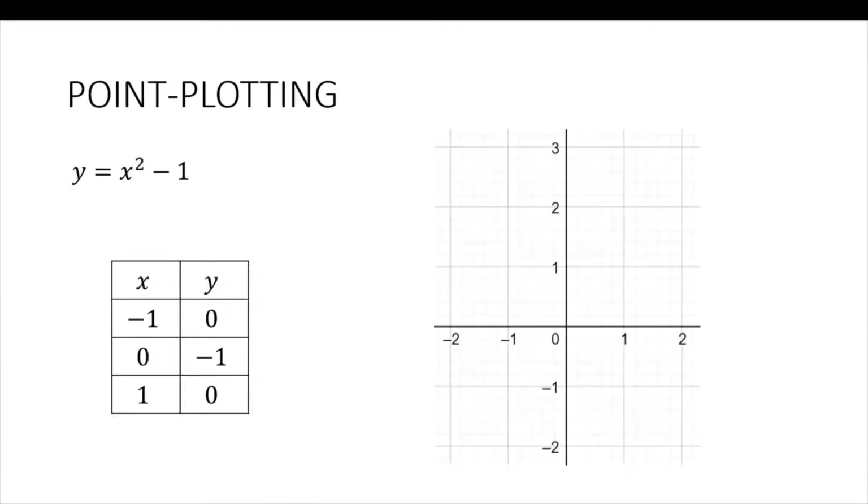Now what we need to do next is to plot the points. So we have -1, 0, we have 0, -1, and then 1, 0.